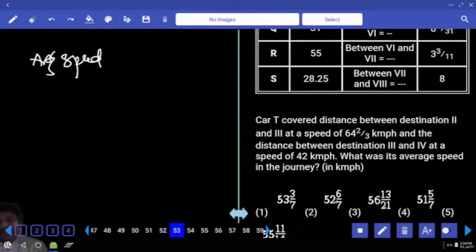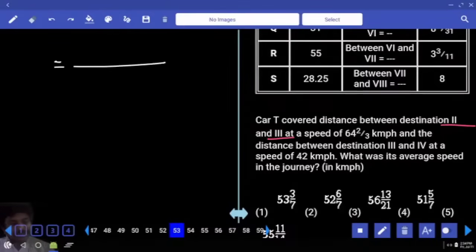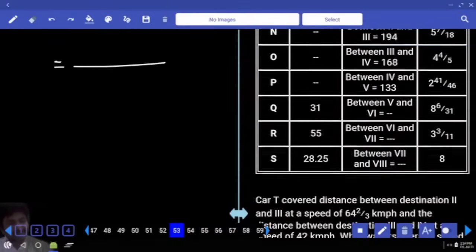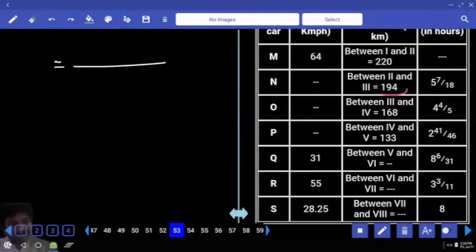Total distance by total time. Total distance 2 to 3, 3 to 4, correct? 2 to 3, 194, 3 to 4, 168. To make the first number round figure, how much is required? Take 6 from the second number, that becomes 162 plus 200.